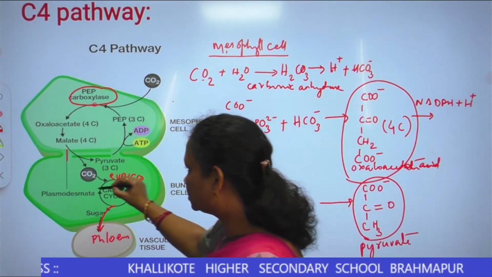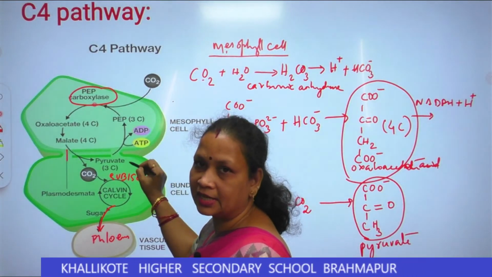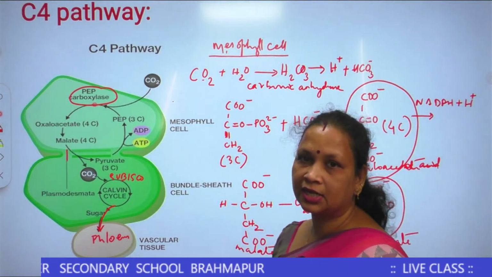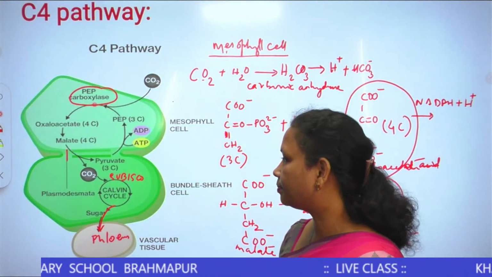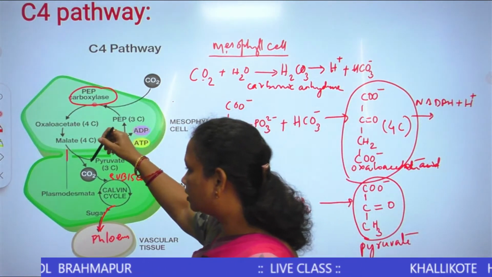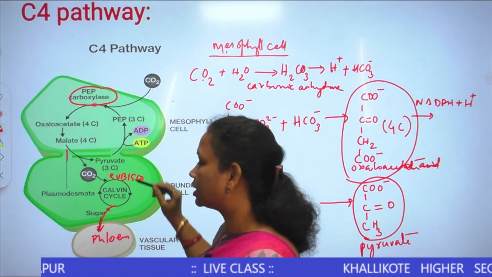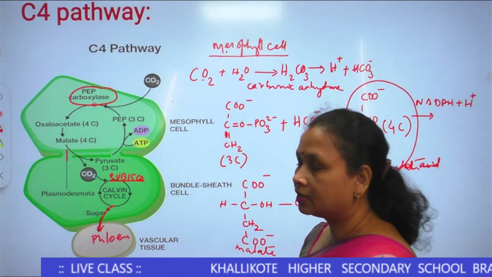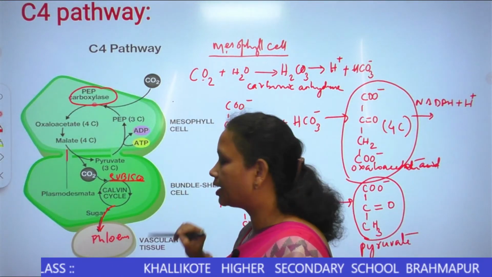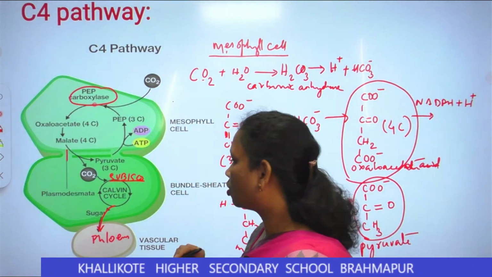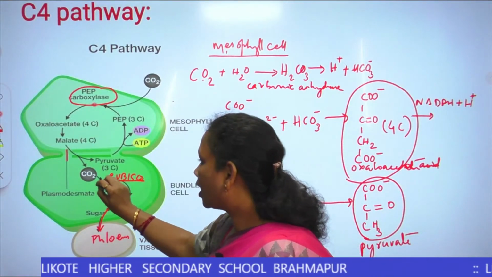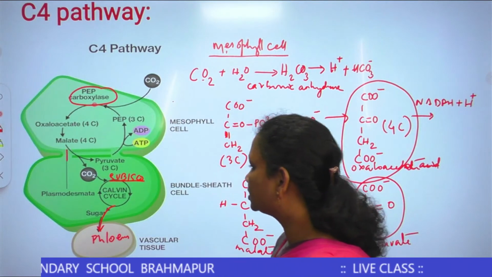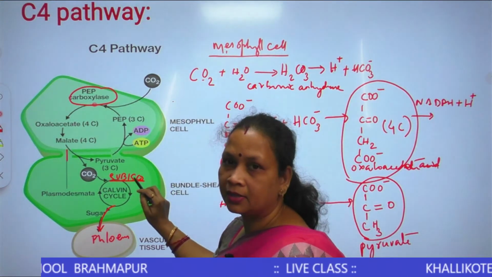So why does this type of thing occur inside the C4 plants? It is basically an evolutionary adaptation to concentrate molecules of carbon dioxide for rubisco. So here rubisco will not be coming in contact with much oxygen. So the carbon dioxide concentrated from the mesophyll cell will be taken up by rubisco.